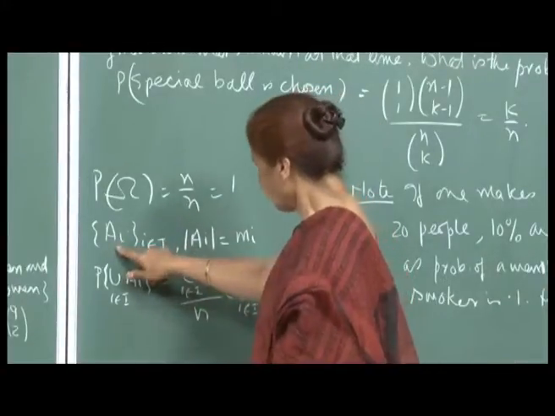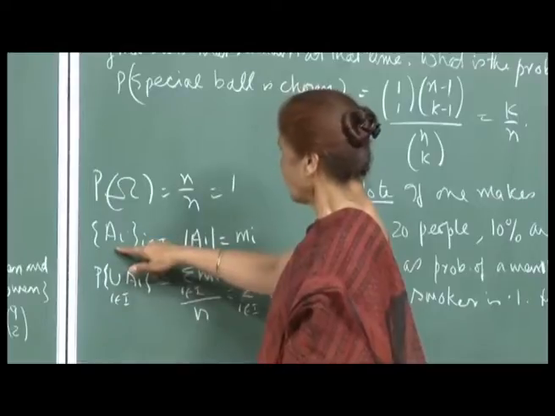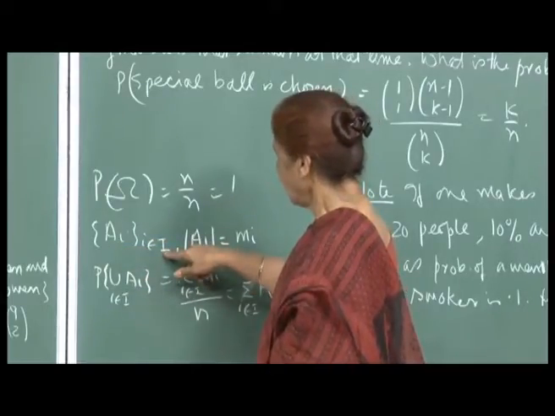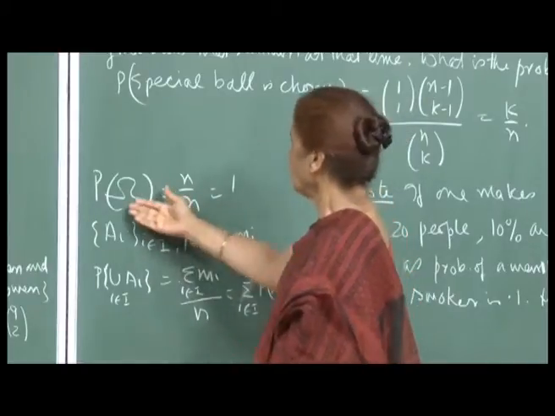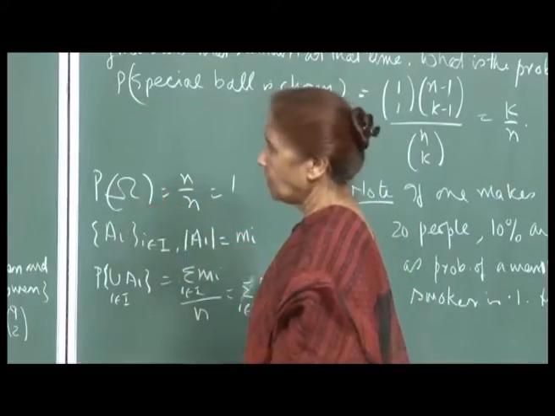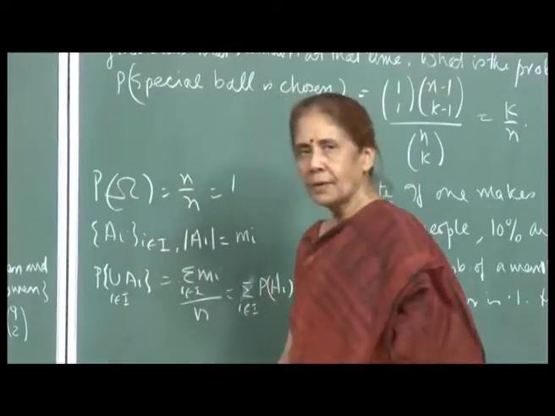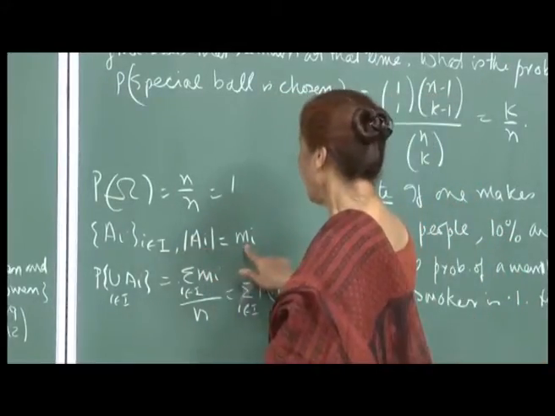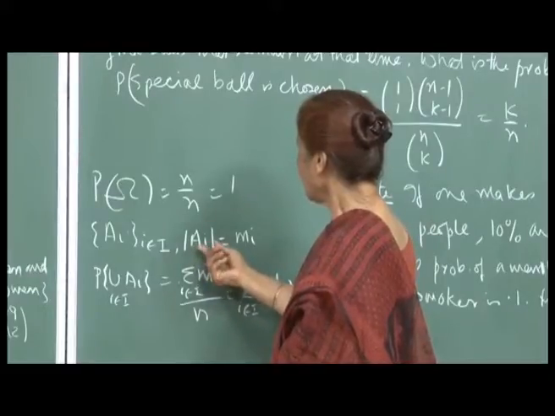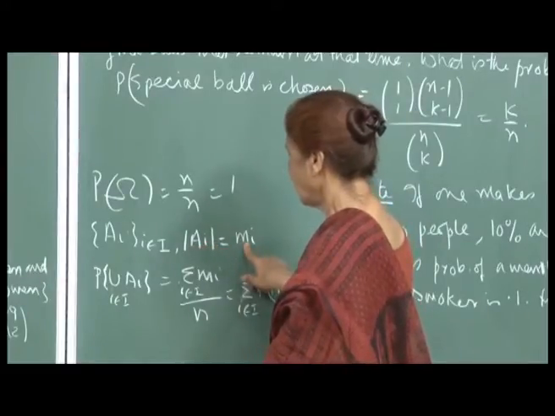Now, if I take a set of events Ai, i in an index set I, and here since we are taking omega as a finite space, I is also a finite index set, and the cardinality of each Ai is mi. That means, the number of points of the sample space in Ai is mi, right.